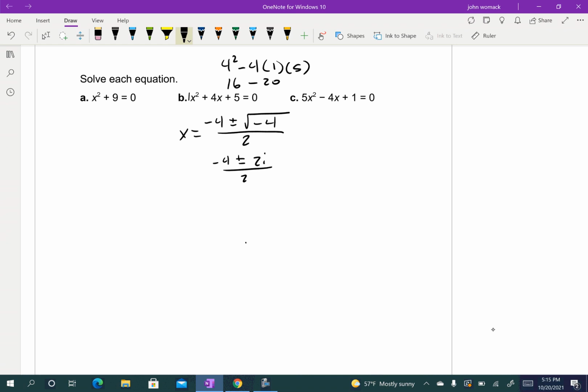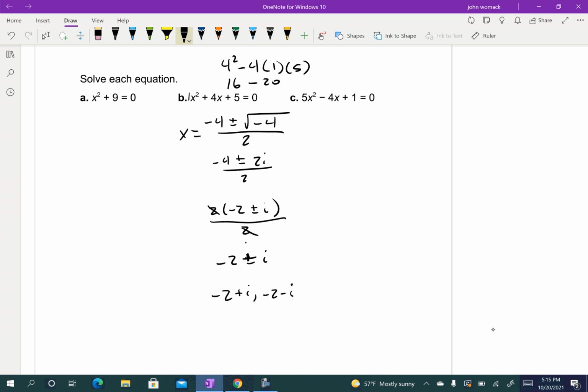I can factor a 2 out of the top. If I factor a 2 out, I just have that, and now those 2's will just reduce. So simplified all the way, it comes out to be negative 2 plus or minus i. Okay. So my two solutions: negative 2 plus i and negative 2 minus i. That's what it comes out to.